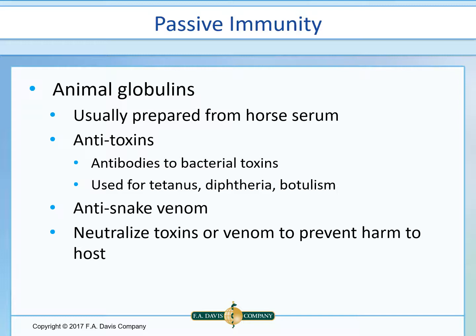These are usually prepared from horse serum. Examples include antitoxins for tetanus, diphtheria, and botulism, as well as antisera against snake venom. Antitoxins are antibodies that specifically bind to epitopes on bacterial toxins. They protect against harmful effects of these toxins by neutralizing their activity.